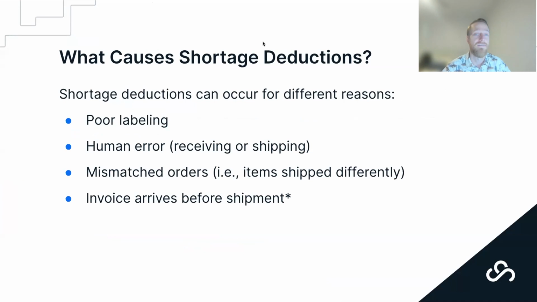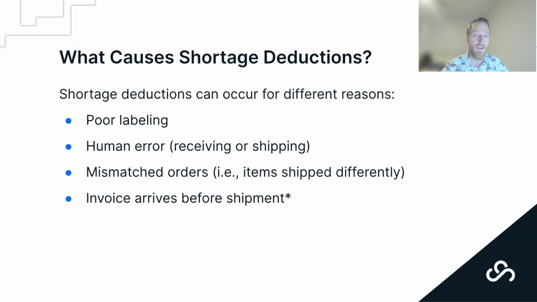And then causes of shortage deductions, we'll get into this some more and how to identify these scenarios, but there are several potential causes of this. The receiving process at a lot of retailers, including Walmart, is still a manual process with people counting boxes as they're unloading trucks or pallets.